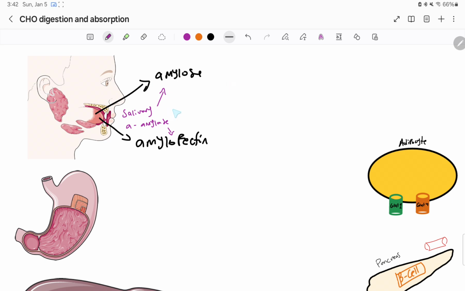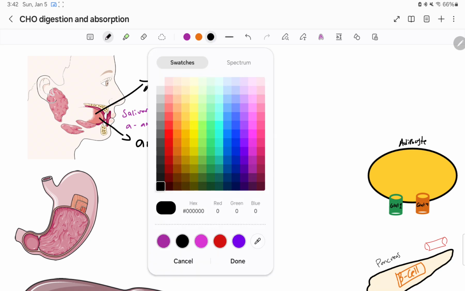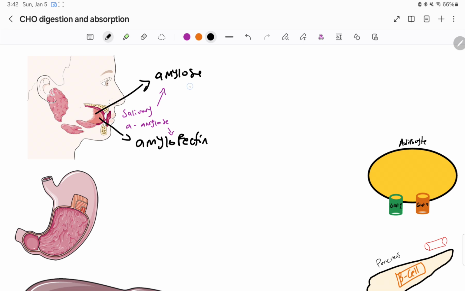Okay, so with this amylose and these amylopectins, salivary alpha amylase acts on them and creates these molecules. These molecules that are left over from the digestion of these guys are called dextrins. But specifically, this one, that was a remainder of the amylopectin, is called a dextrin with alpha-1,6 bonds.